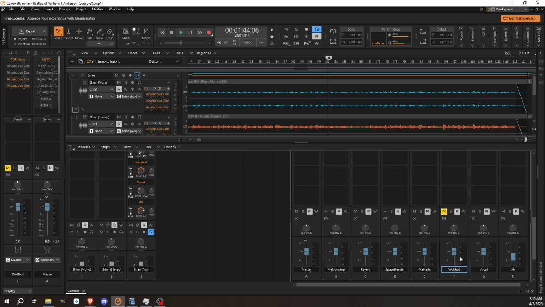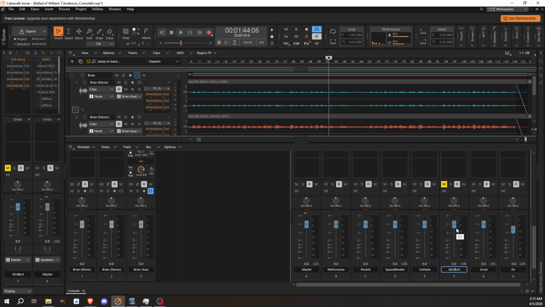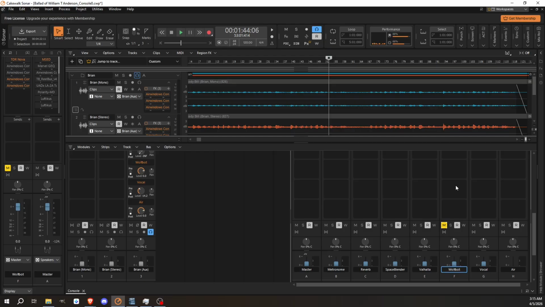So as I play through, I'm going to find the sweet spot, the blend that I like with the bus fader. Mute and unmute it a couple of times, and then rinse and repeat with the Airwindows bandpass. Here we go.